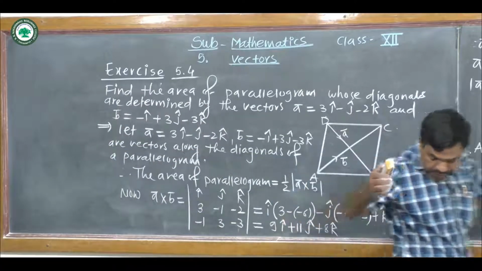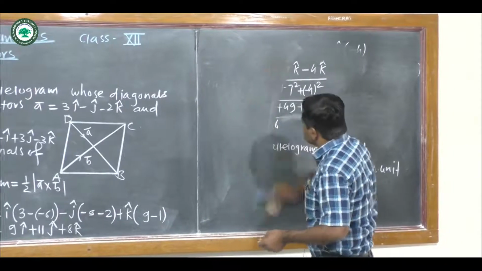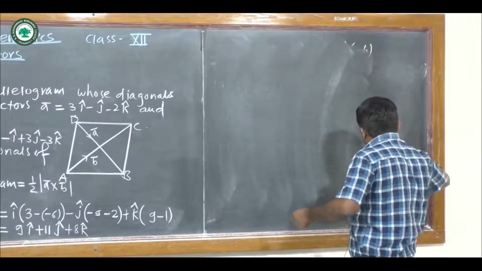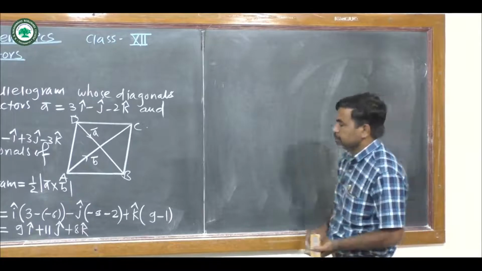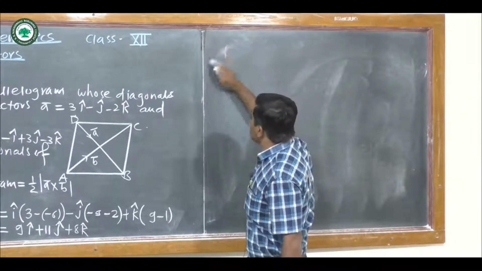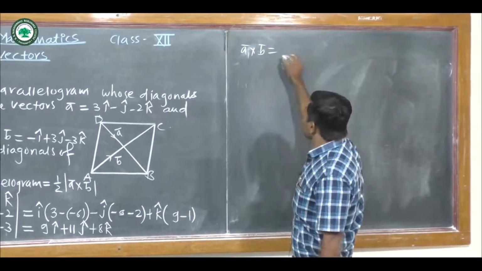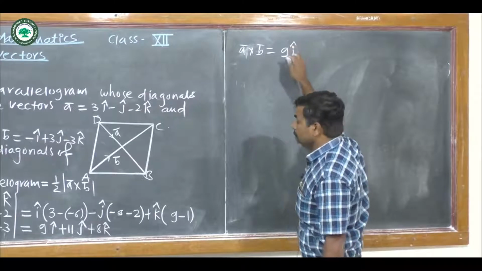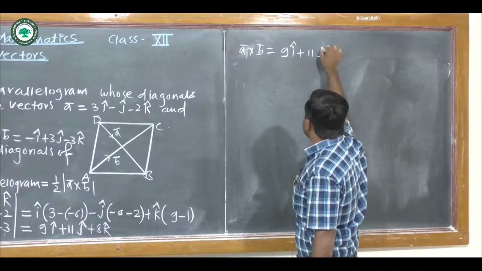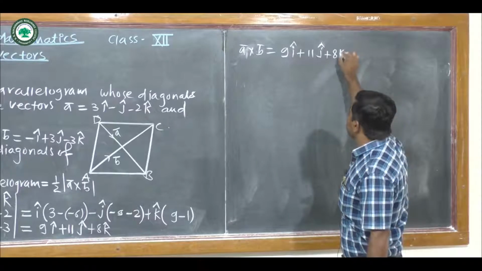So take the magnitude of A bar cross B bar. A bar cross B bar is equal to 9 i cap plus 11 j cap plus 8 k cap.